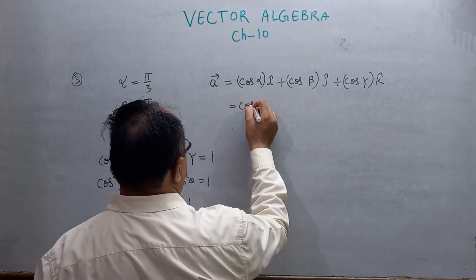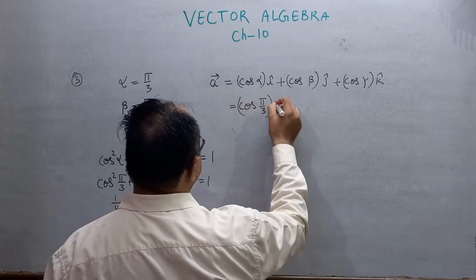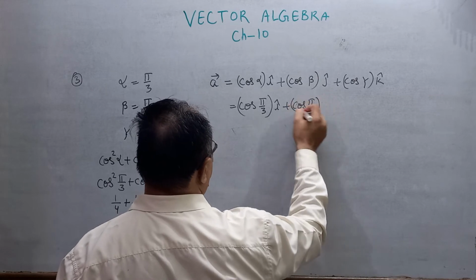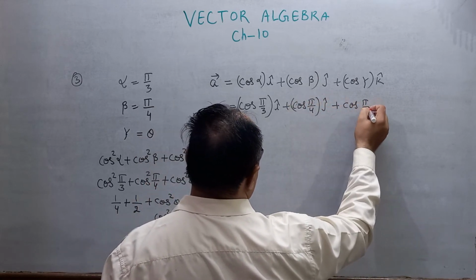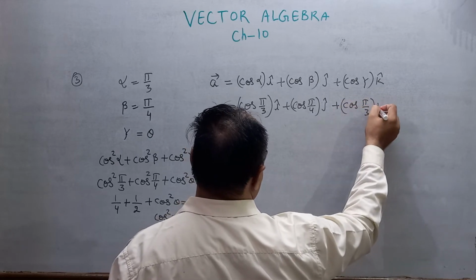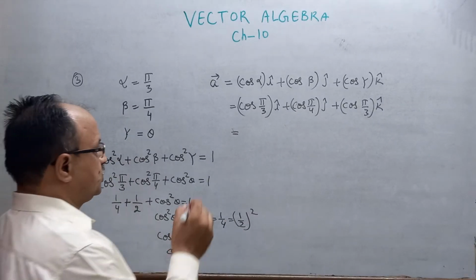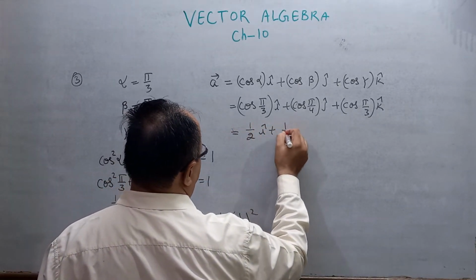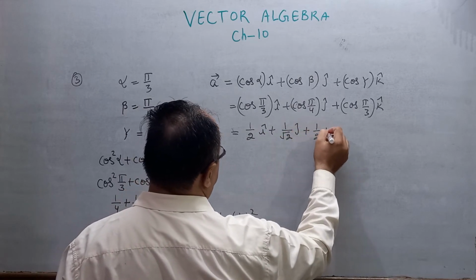You know alpha is pi by 3, beta is pi by 4, and theta is pi by 3. Value of cos 60 is 1 by 2, so A is 1 by 2 I cap, 1 by root 2 j cap, 1 by 2 k cap.